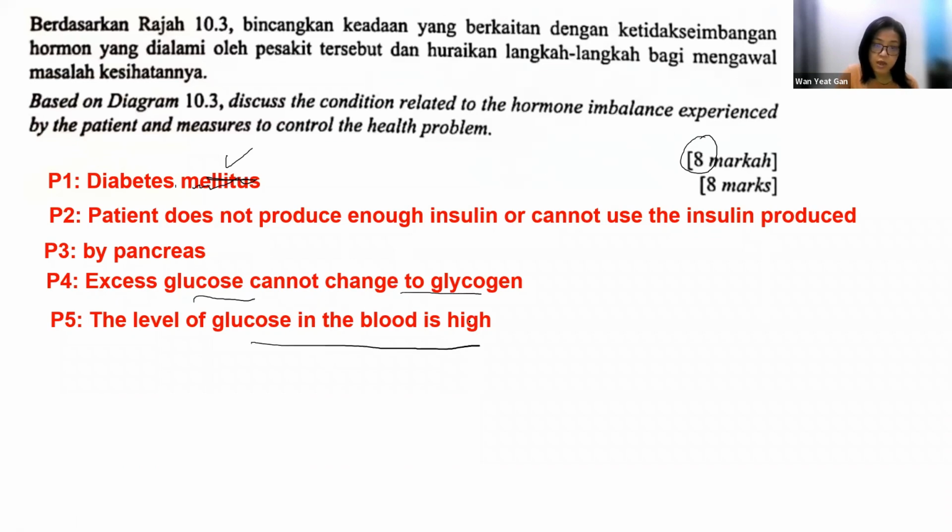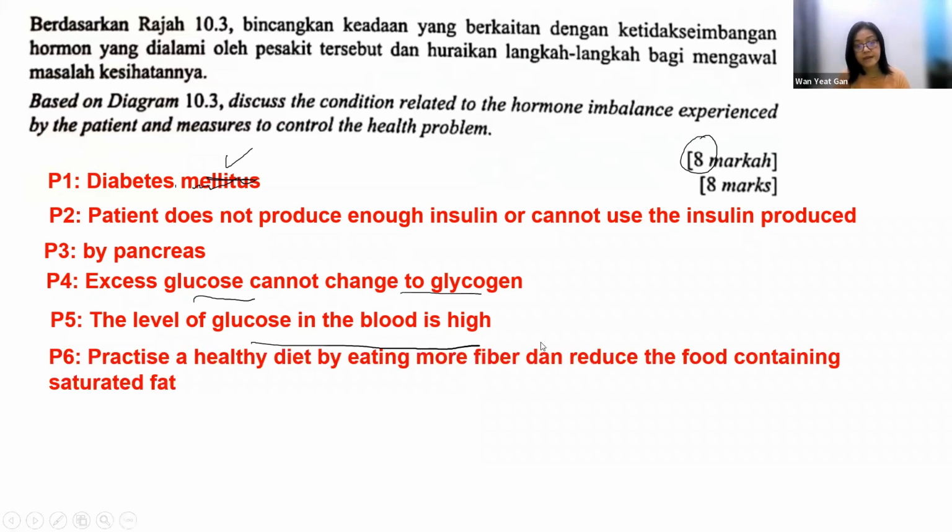So the glucose in the blood is going to go up, very high. And that brings in all the symptoms mentioned in the question just now. So the first part here is about the condition. This whole P1 to P5 is the condition in the patient.